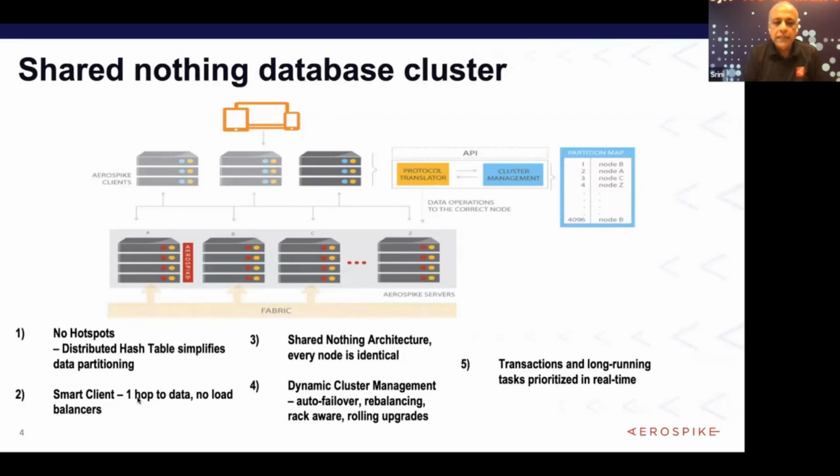Each of these nodes is identical to every other node. And that's really important. Every node is not only identical in terms of its capabilities, in terms of the amount of storage, CPU, networking capacity, and memory available in the particular node, it is also identical in terms of the code that runs in it.